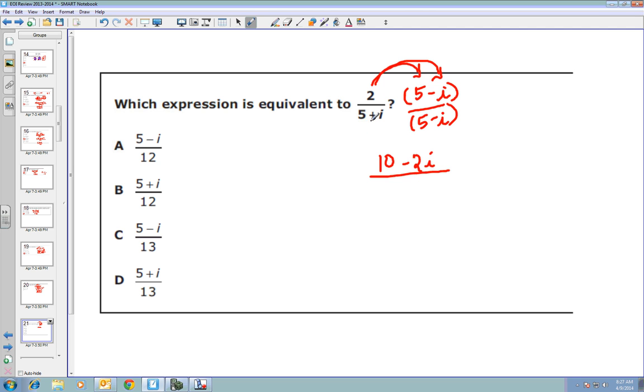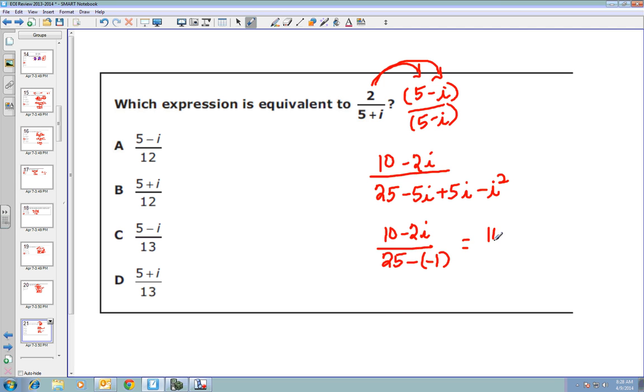I'm going to FOIL the bottom. 5 times 5 is 25. 5 times negative I, that's minus 5I. I times 5 is plus 5I minus I squared. So distribute the top, FOIL the bottom. Then I have 10 minus 2I. 25, my 5 I's cancel, and I get minus a negative 1.